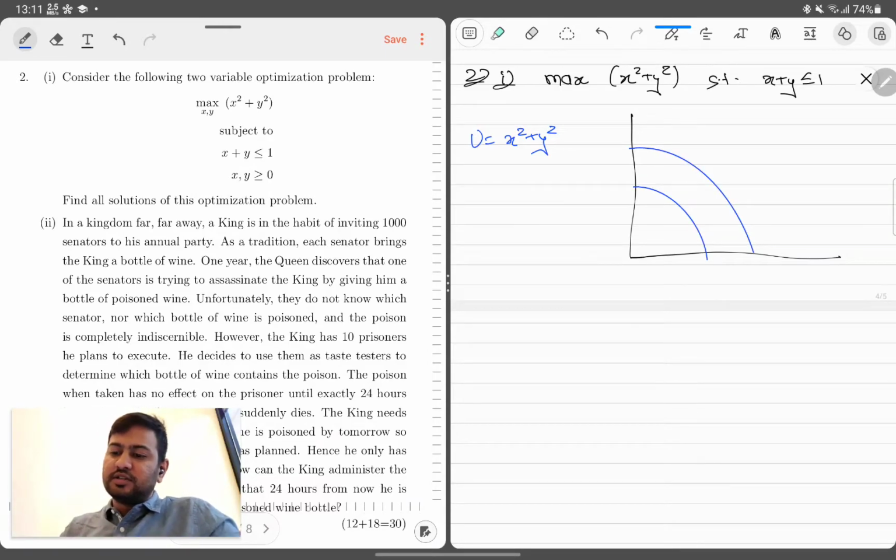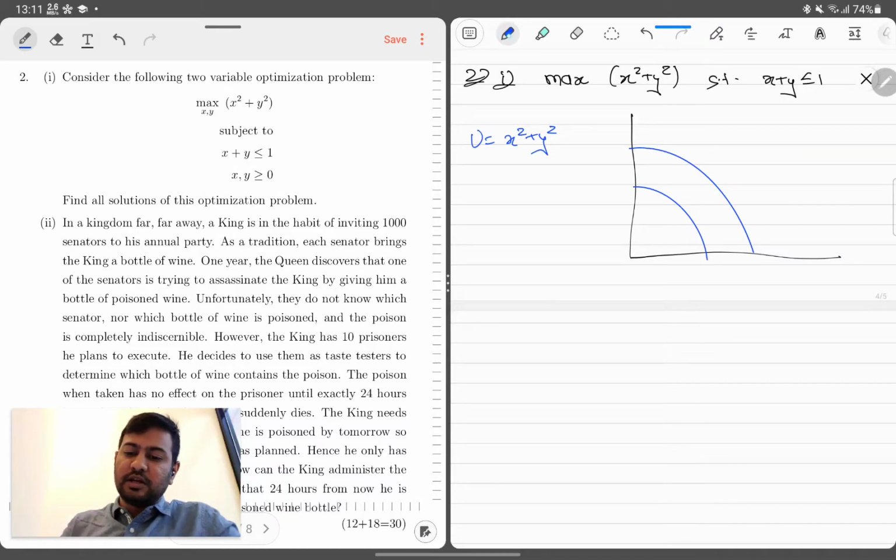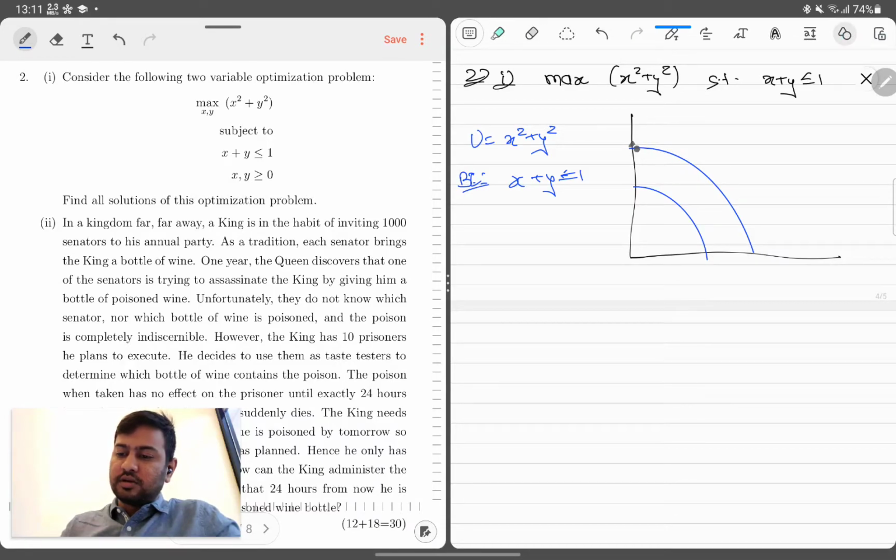Okay, so that is what your ICs will look like, and your budget line is x plus y equals 1. So your budget line effectively will look like this. Not this particularly, but let's say something like this.